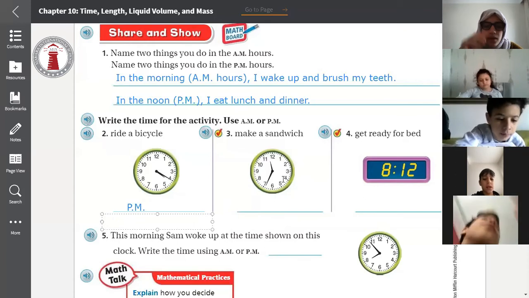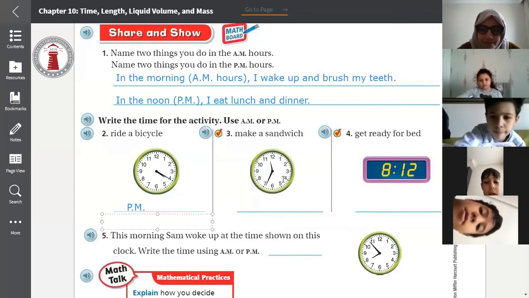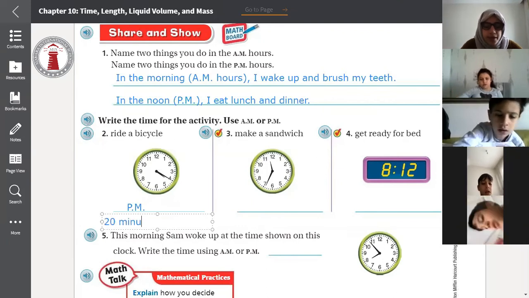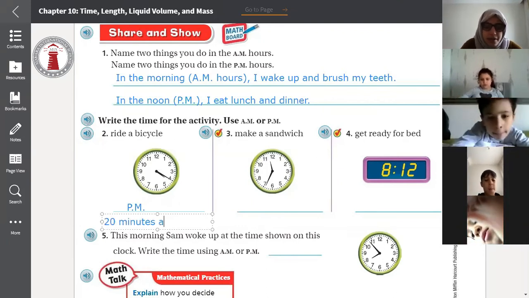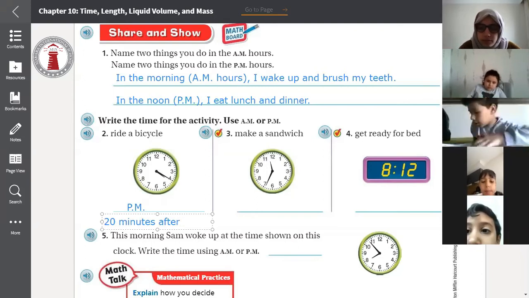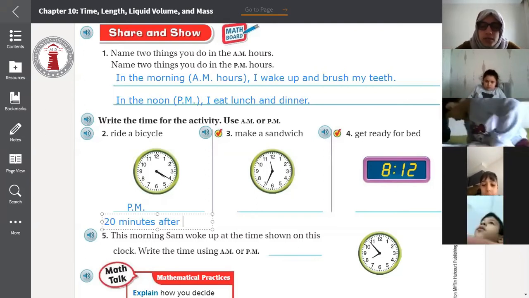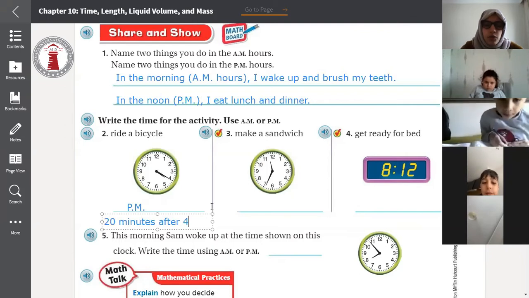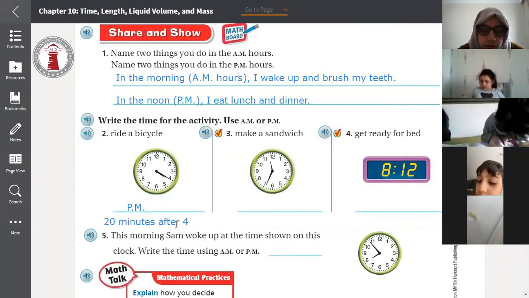How many minutes is it? 20. Okay, so we write 20 minutes after what time? Afternoon. Look at the number. The short hand is closest to what number? 4. Good job. So I want you guys to write the time, please. Not just PM.